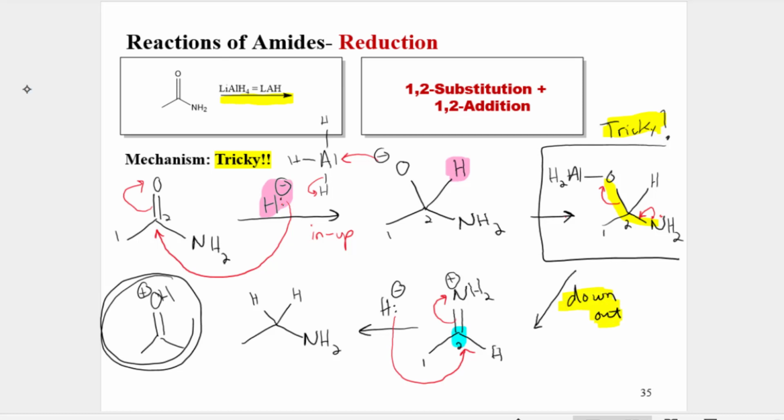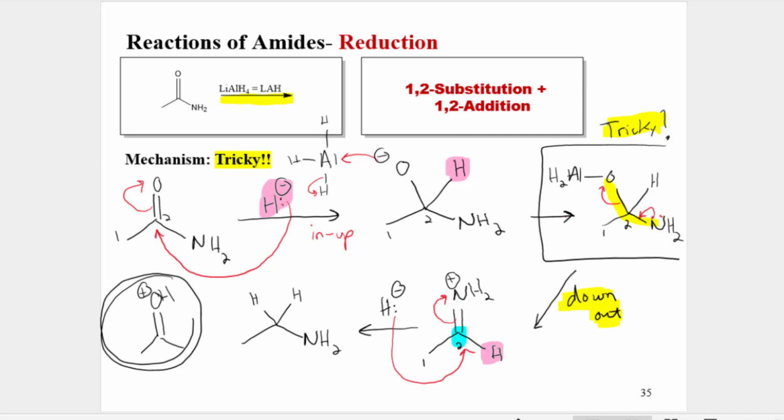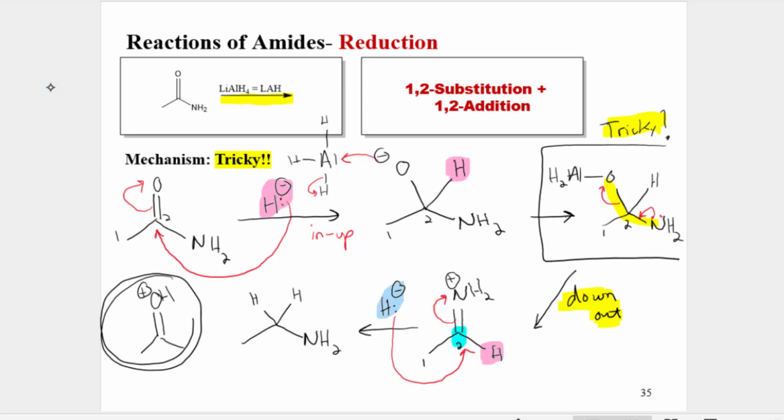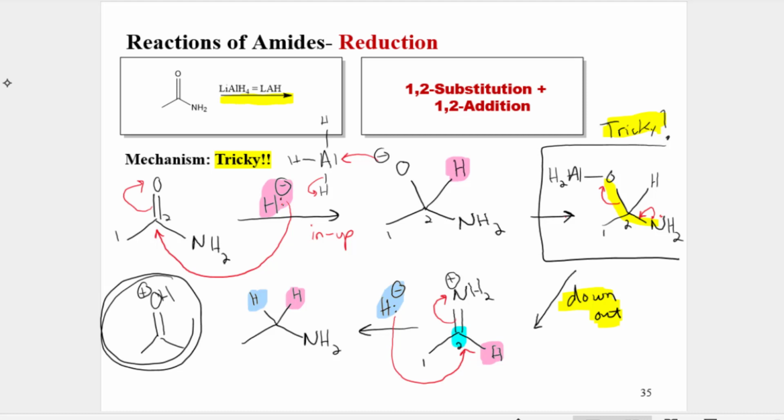It's not the O minus that does the down, out. It's the nitrogen that does the down, out. So to this point, we had only added the one hydrogen, and now we're just going to continue on and add a second hydrogen. So we've added 2 hydrogens to the carbon, reducing it. There's no longer a double bond between carbon 2 and the nitrogen. And after workup, you end with this amine.